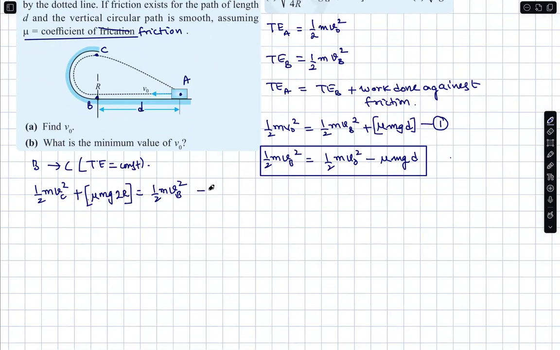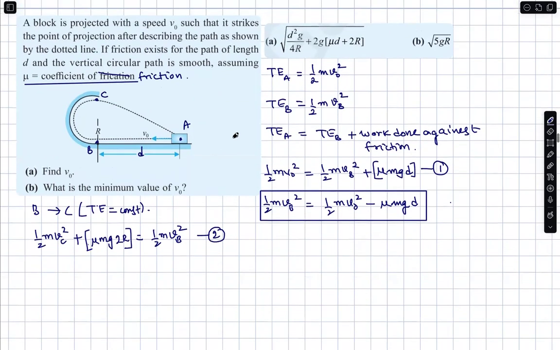This is also one equation you have, the second equation. All this is very clear till this point.